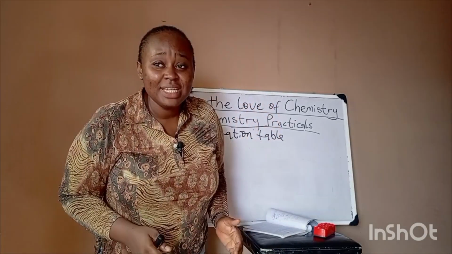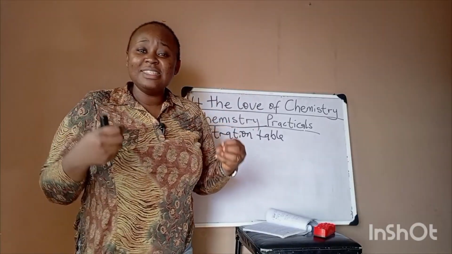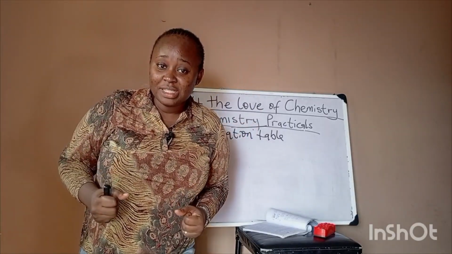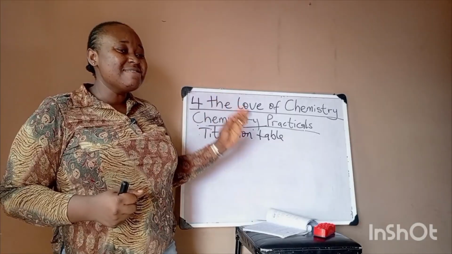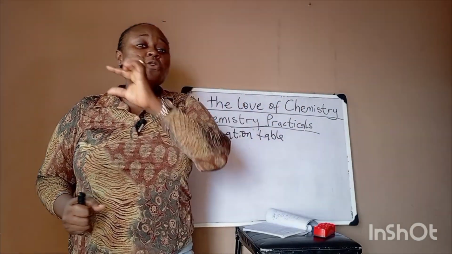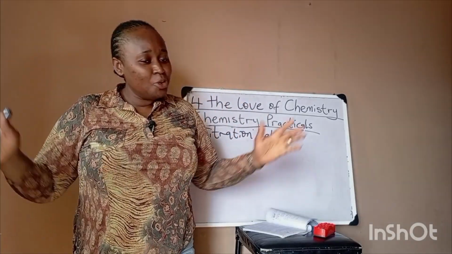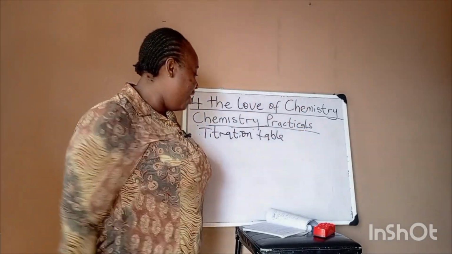So what we are doing here is teaching you how to create a table from your teacher's endpoint, as well as create a correct, neat table that will give you all the marks that is associated with a table. So if you are ready, let's go on.